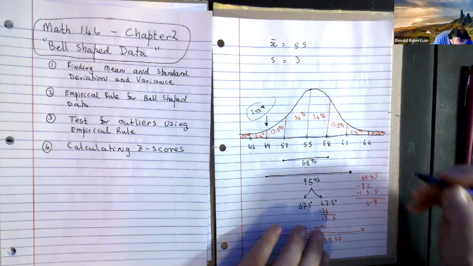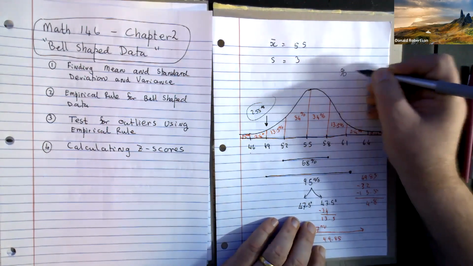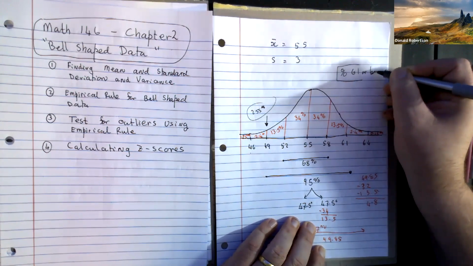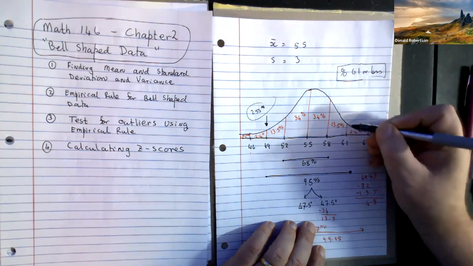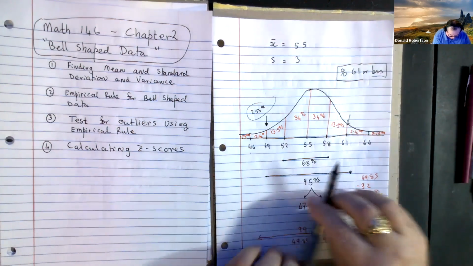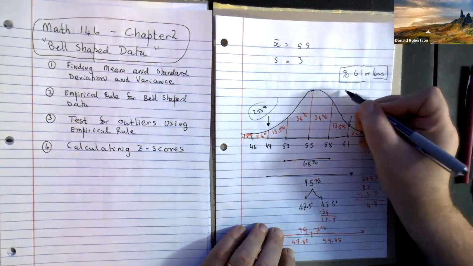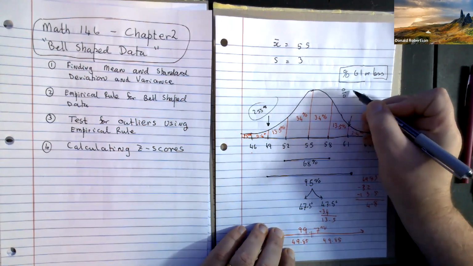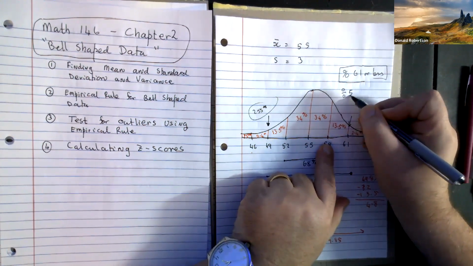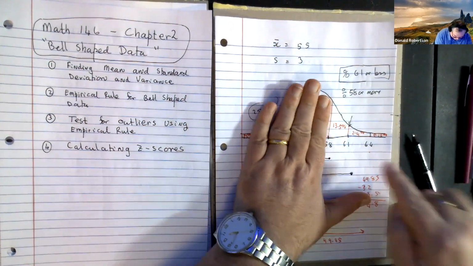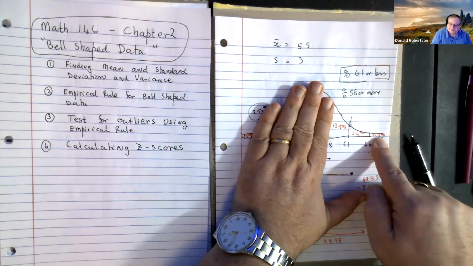For instance, if I said to you, what percentage of people were 61 or less? Well, there's 61. 61 or less would be add up all those things. If I said to you what percentage of people had a height of 58 or more, there's 58, add up these three guys.